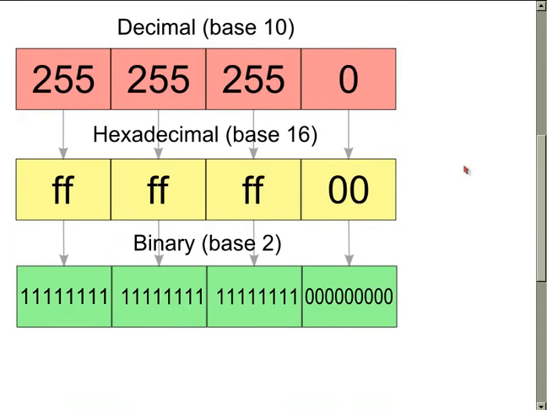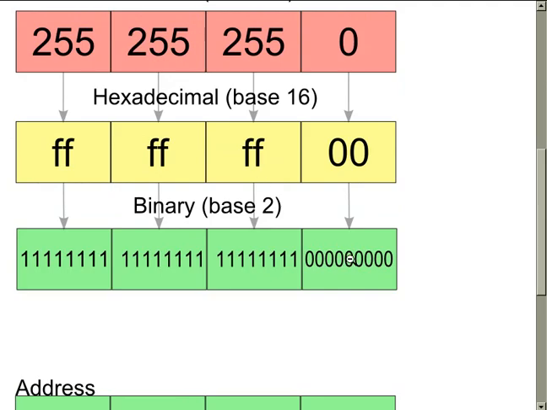So our network masks are usually something like 255.255.0.0 or whatever. Well, what does that mean exactly? 255 we can represent as FF, which means that all the ones are set. So for this address, all these are ones and all these are zeros.